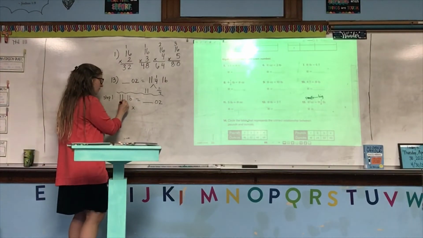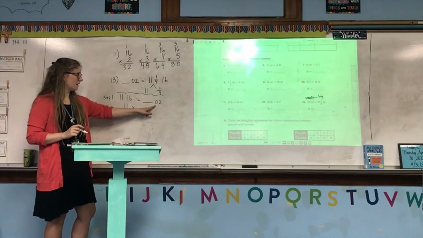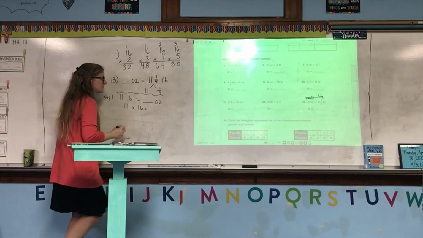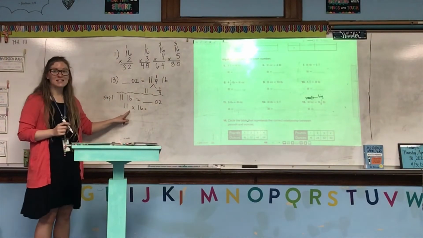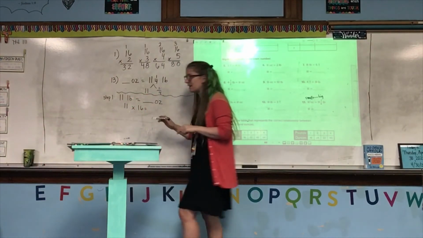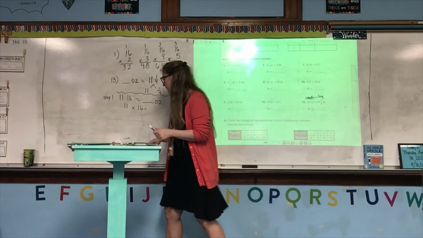So I'm going to start with what I know, which is 11 pounds, and I'm going to multiply it by the number of ounces in a pound. So I have 11 times 16. Now, that is not a basic fact, so I'm going to go to the side, and I'm going to set it up and down. 11, let me write it a little bigger.